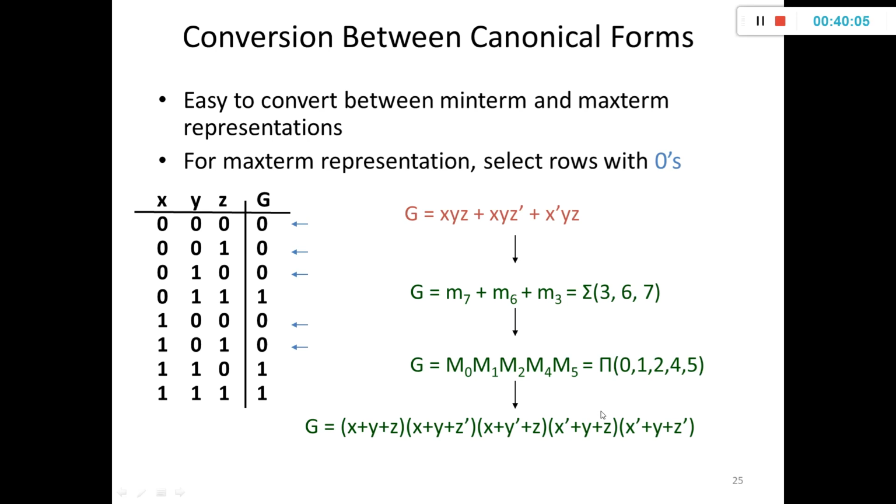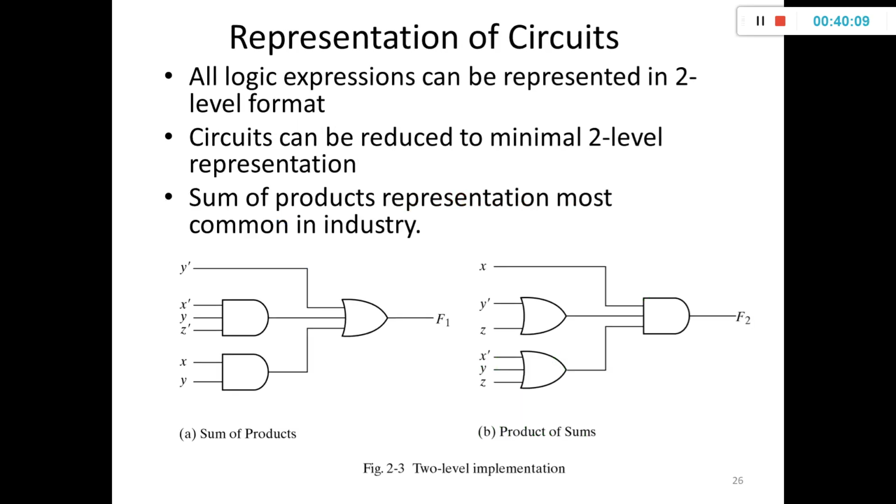So this is how we represent minterms and maxterms. This is a representation of the circuits. All logic expressions can be represented in two-level format. Circuits can be reduced to a minimal two-level representation. Sum of product representation, that is SOP, is the one commonly used in industry.